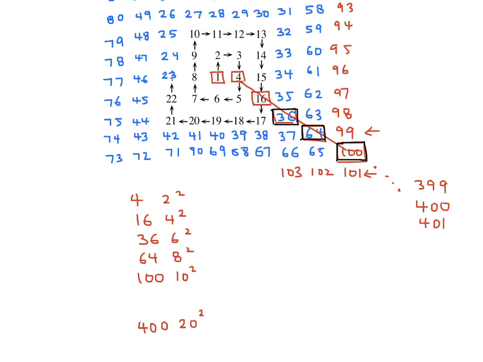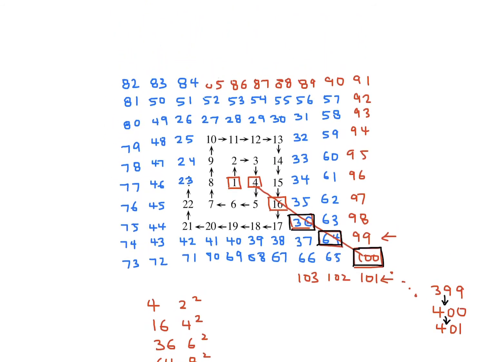So this is the orientation, 400, and it'll be going down, like that, because that's how this is going. Okay, so 399, 400, and 401.